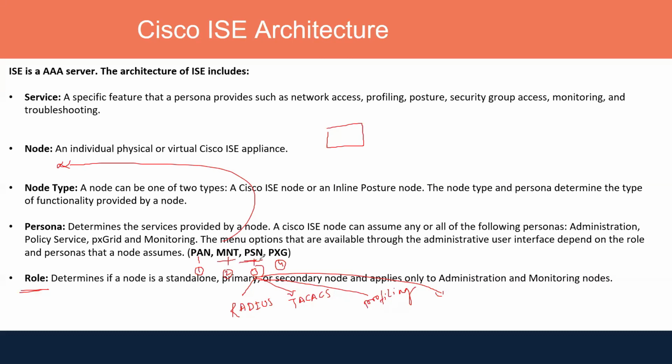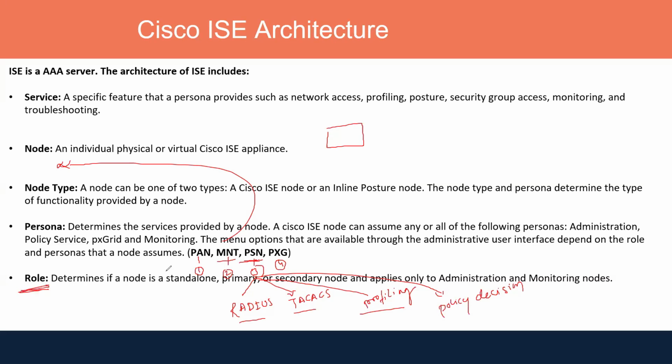And all the services are provided by the PSN node, like RADIUS services, TACACS services, profiling services, or policy decision. So they all come under one ISE node, yeah? Yeah, I mean, that is going to be determined by the role basically.